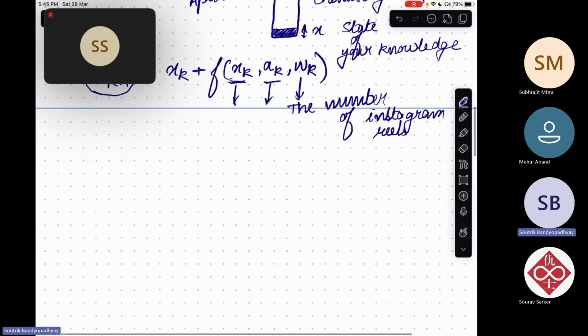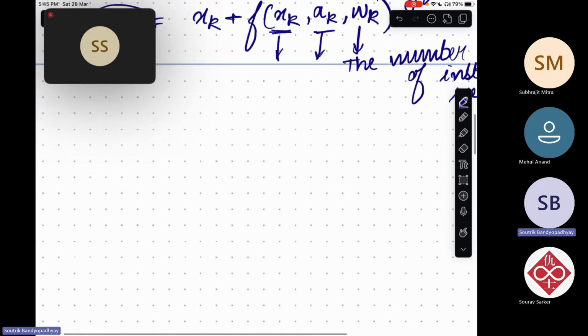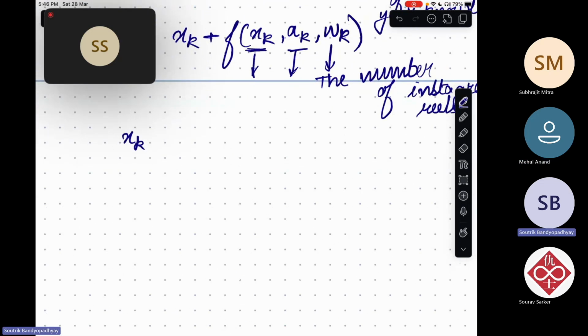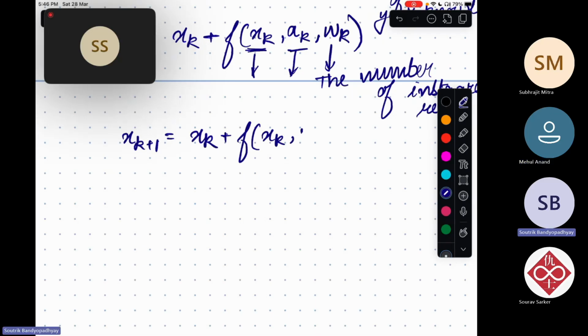Right. Now, in essence, what we have over here is some sort of dynamics. So x_{k+1} equals f of x_k, u_k, which is the action, and w_k. Right.